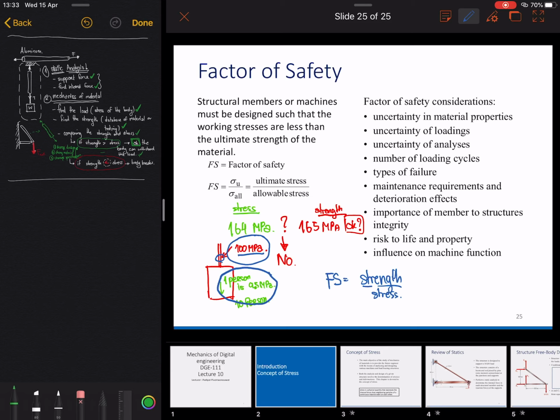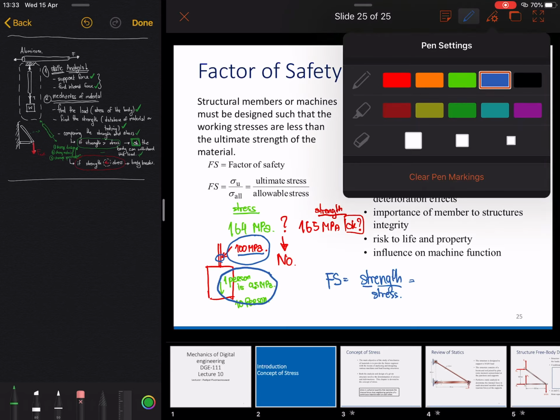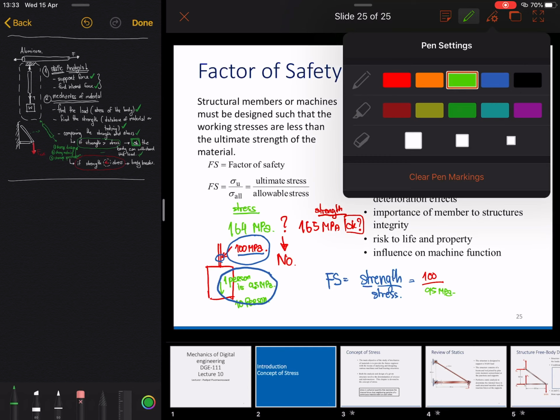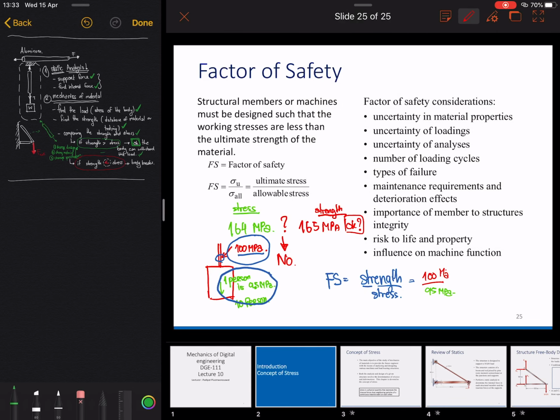So in this case, if I say this is 100 over 95 megapascal, then our safety factor is about 1.1, for example. Is it enough?